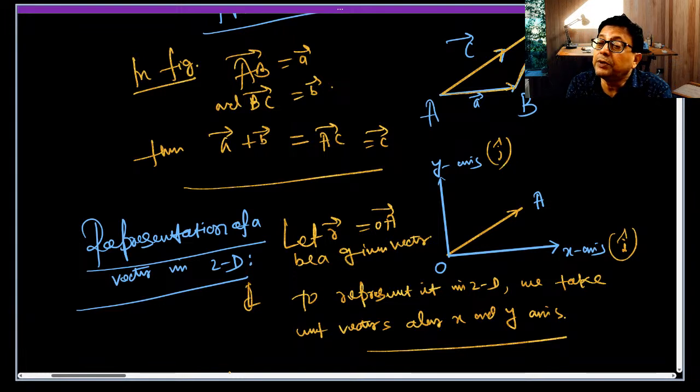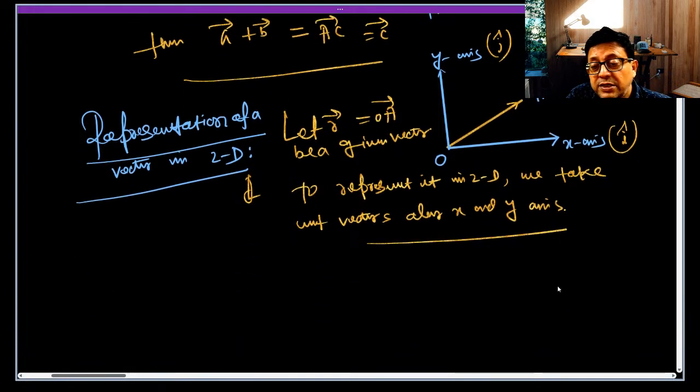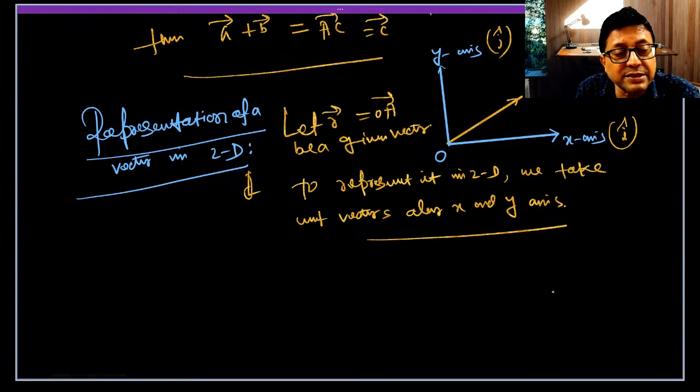It will be in terms of unit vector in these two directions. Then proper representation in 2D is possible. To represent in 2D, we take unit vectors along x and y axis.